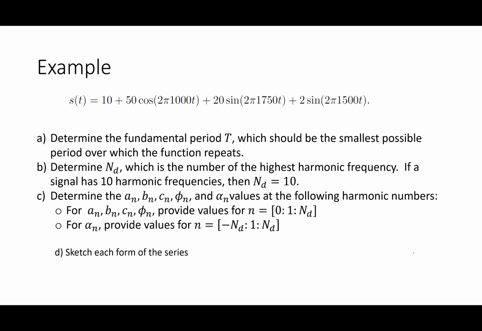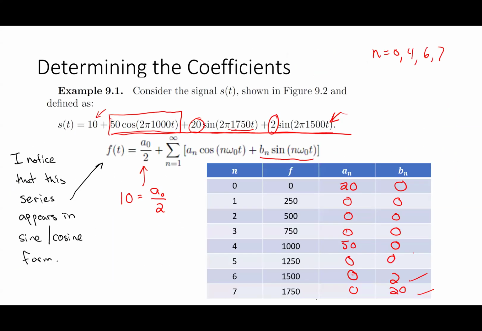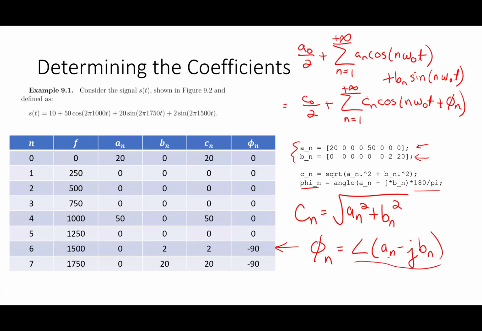So how many terms? Let's think about this. In the first 2 forms of the series, I had 8 terms that I was using: the 7 harmonics plus the DC term. How many am I going to have when I go to the complex formulas?